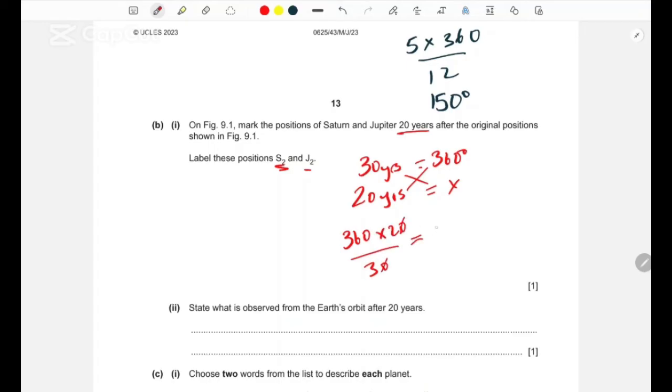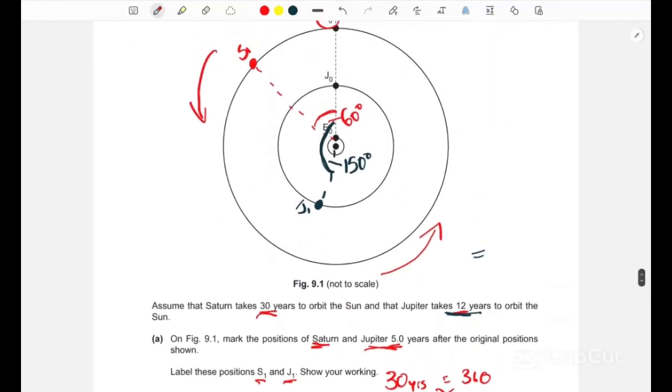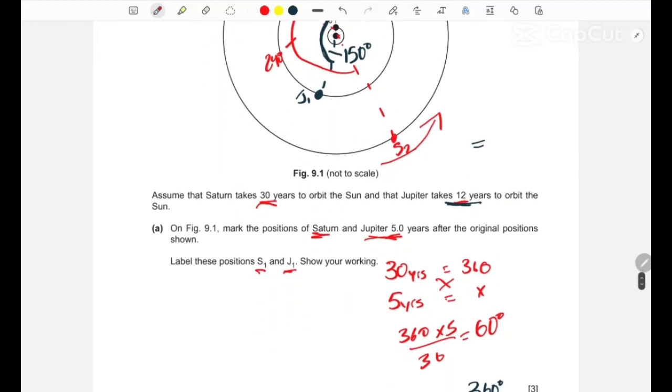That would give us 240 degrees. So the new position S2 is going to be somewhere from the center over here. This whole angle is going to be 240 degrees. That's for S2.